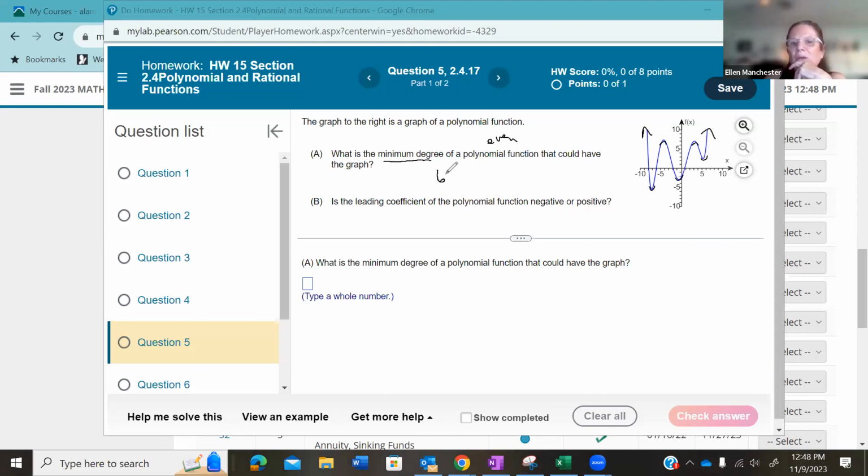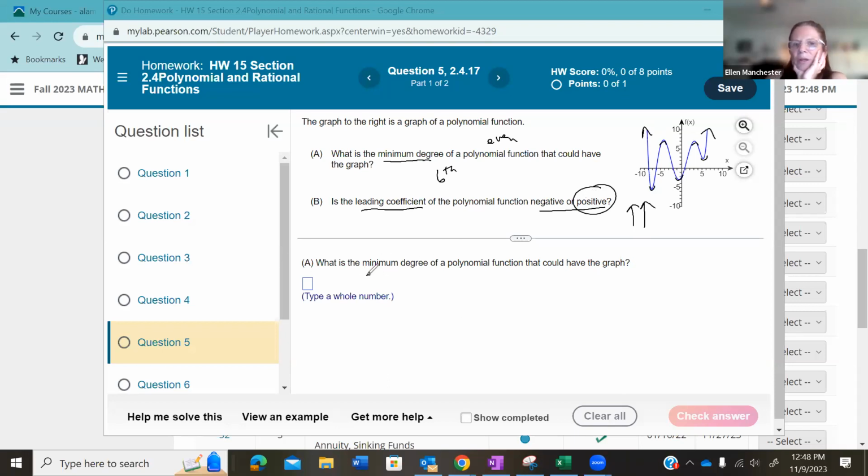So this is a minimum of a 6th degree polynomial. You just count the turning points and add 1. That tells you the minimum degree. And then the leading coefficient, is it positive or negative? Well, because the end behavior is both going up, it's got to be positive.